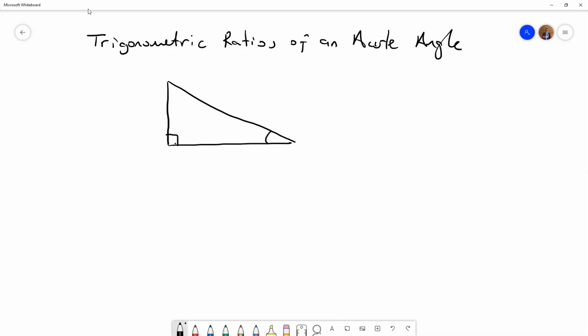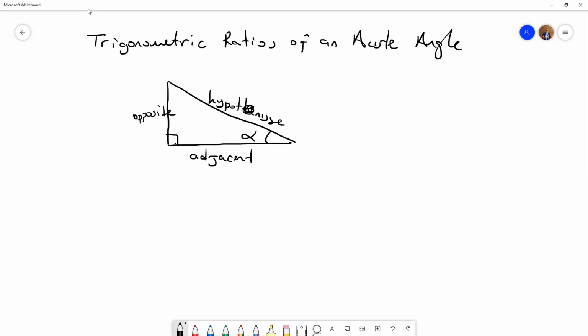Let's say this one is our angle alpha, and here is adjacent, and here is opposite, and hypotenuse. Yeah, like that.